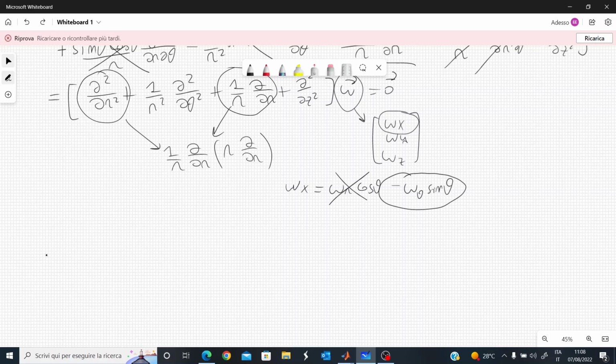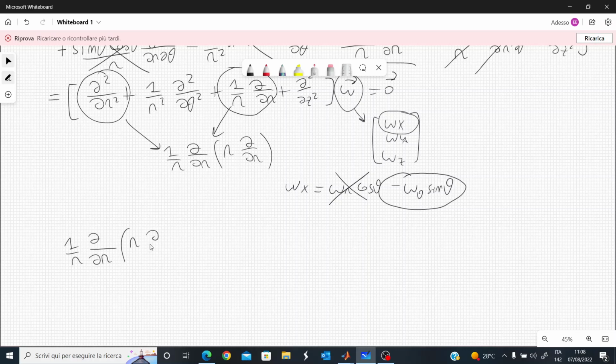So what we have here, if we put this formula there and we take the derivatives, what we get is the following. We get 1 over r d over dr r d over dr minus 1 over r squared, because we can rewrite this second part, 1 over r squared d squared d theta squared, in a different manner.